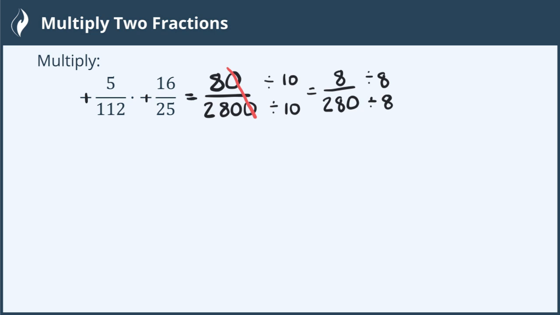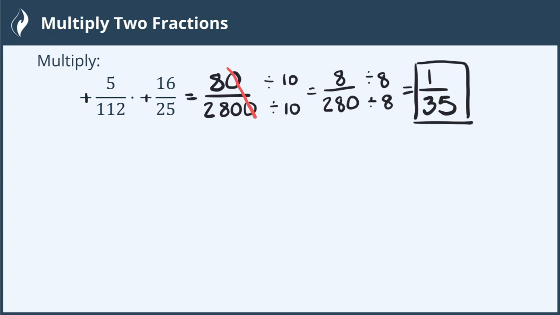If I did that, I would see that they're both still even, and divide them by 2 again, and again. In this case, I checked that 280 is divisible by 8, so I can move forward, and 8 divided by 8 is 1, and 280 divided by 8 is 35. This is in simplest form because the 1 is as small as it can go, so the fraction is the smallest it can go.